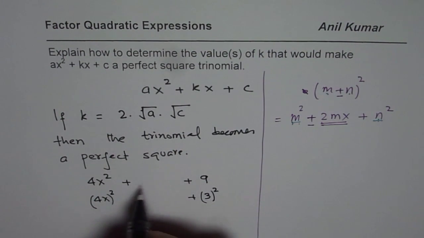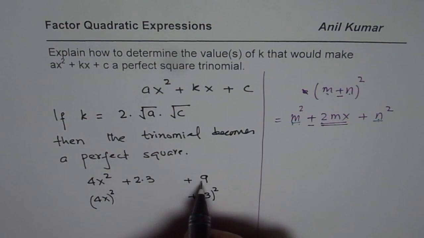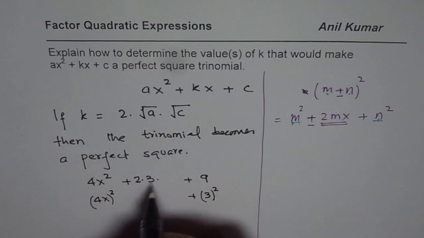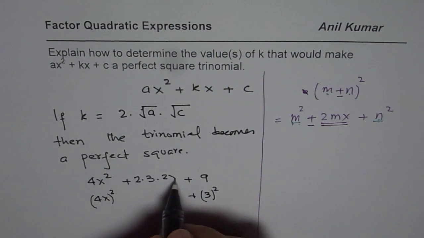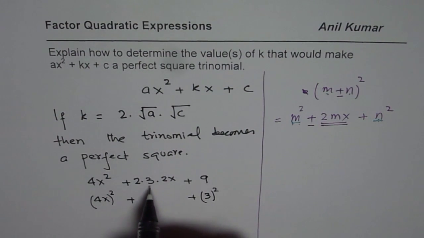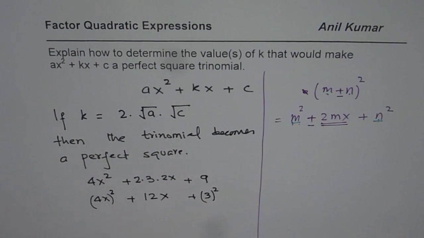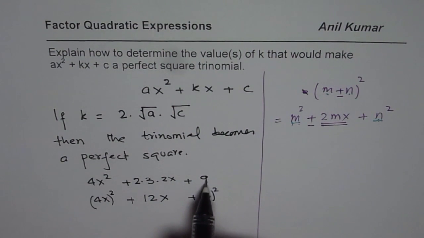Then the center term, to make it a perfect square, will be 2 times this number 3, which is the square root of 9, times the square root of 4x squared, which is 2x. That is to say, the center term should be 2 times 2, 4, 4 times 3, 12, 12x. Correct?